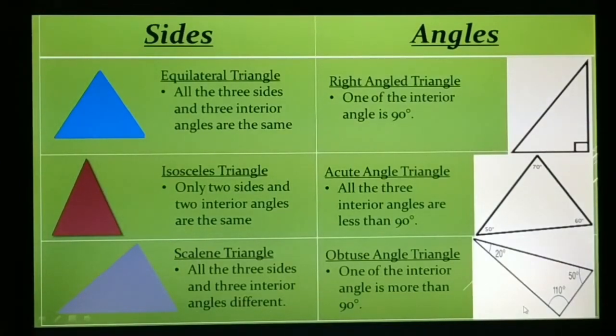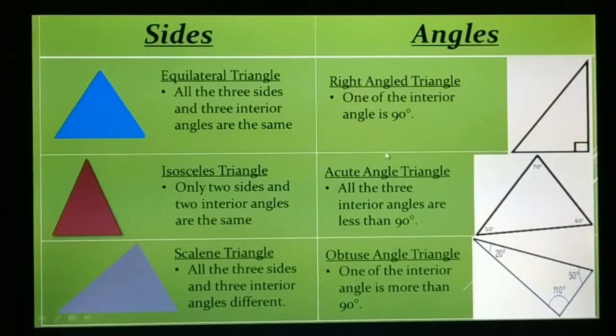Let's recall them again. The triangles are classified into two, that's sides and angles. In sides we have the equilateral triangle in which all the three sides are equal, an isosceles triangle in which two of the sides are equal, a scalene triangle which has none of the sides equal. Then we have angles.